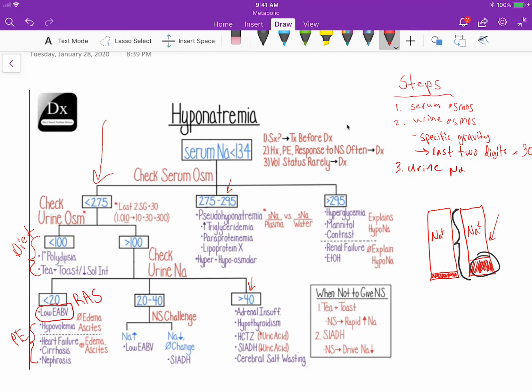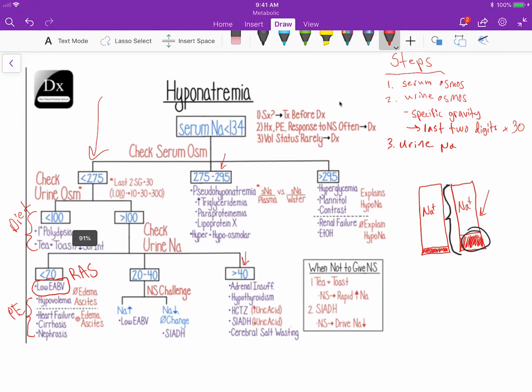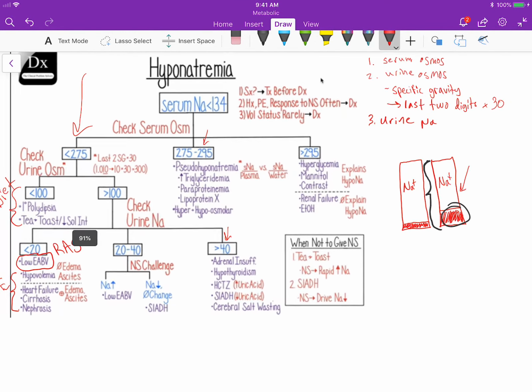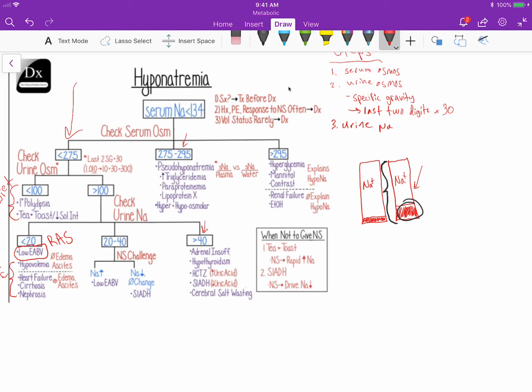So, to understand a little bit more beyond this algorithm, I want to talk about the molecule of ADH itself. Okay. And I want to mention specifically, I like to write ADH as ADOH because I like to remember that this is a diluting molecule. It causes hyponatremia, ADOH, hyponatremia.